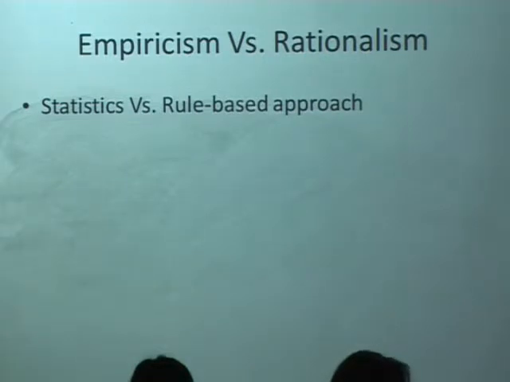So from the philosophical point of view, there is a centuries-long debate between empiricism and rationalism. Big empiricists include John Locke, George Berkeley, David Hume. Rationalists include René Descartes, Spinoza, and Leibniz.